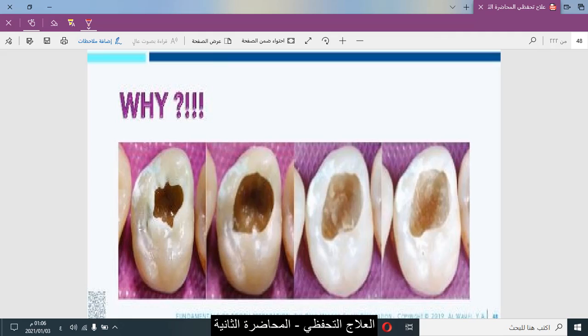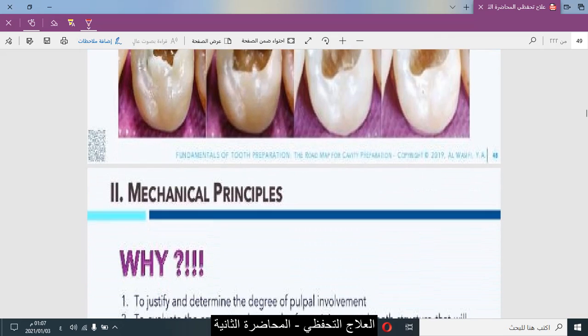So we have to do something like locks, grooves, or coffers to increase the retention and resistance form, or use amalgam inside a pinhole to add to the resistance and retention.